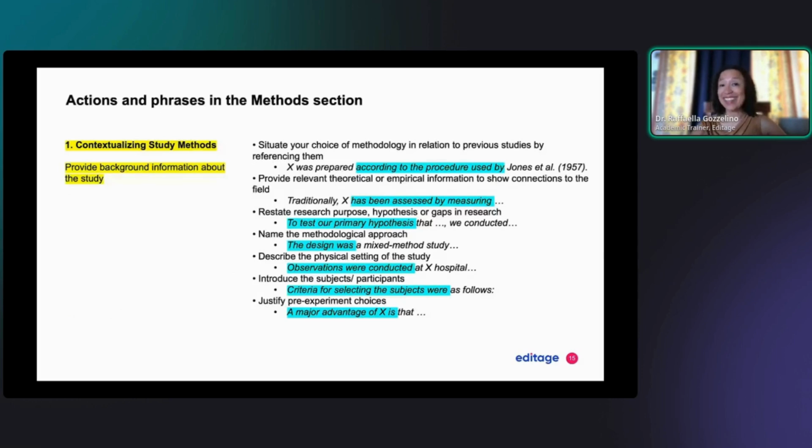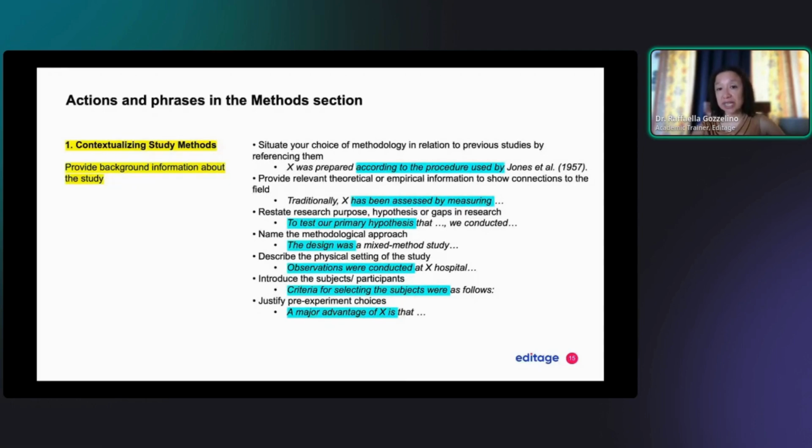Actions and phrases in the methods section. You need, as I said, to contextualize the study methods and provide background information about the study. And you need to situate your choice of methodology in relation to previous studies.